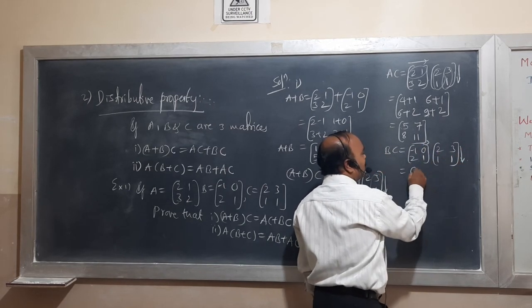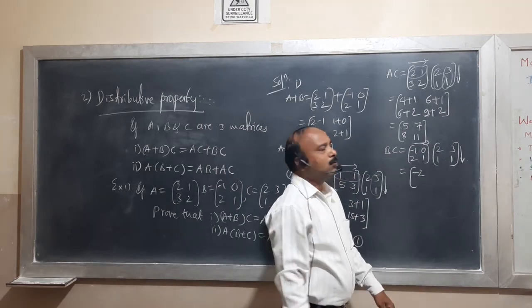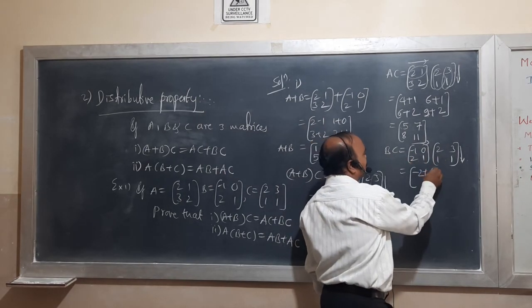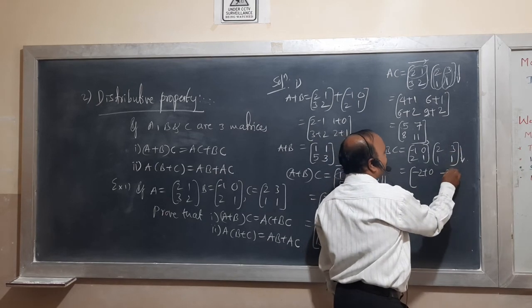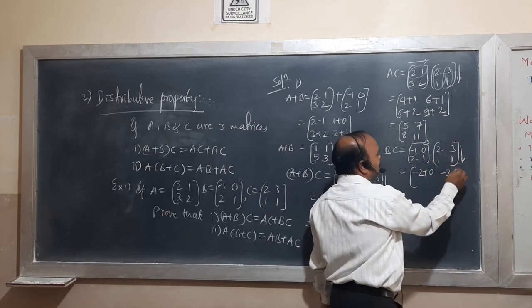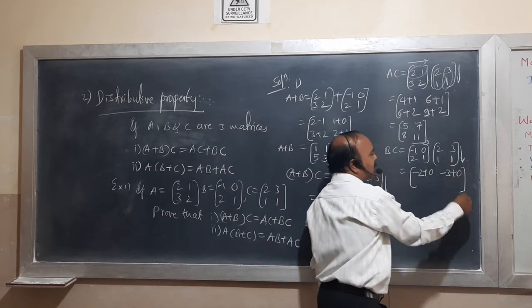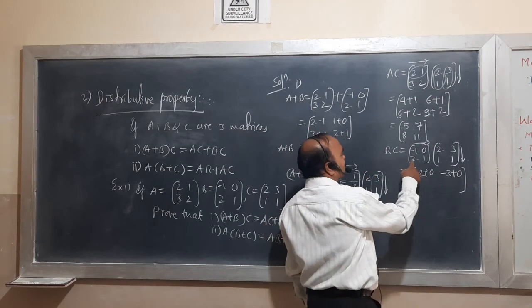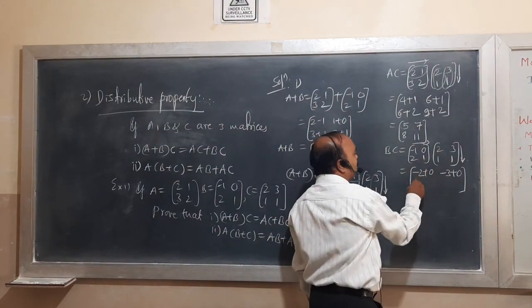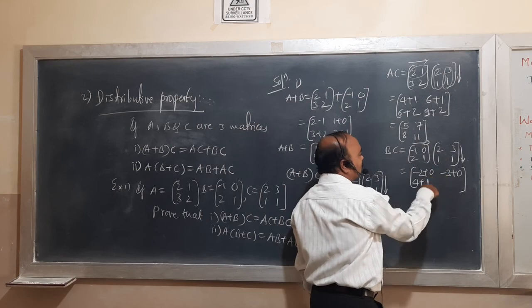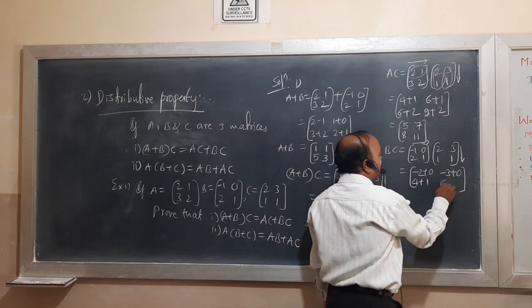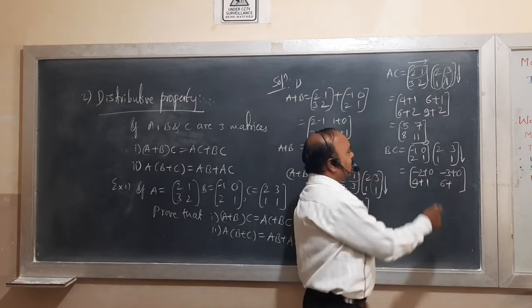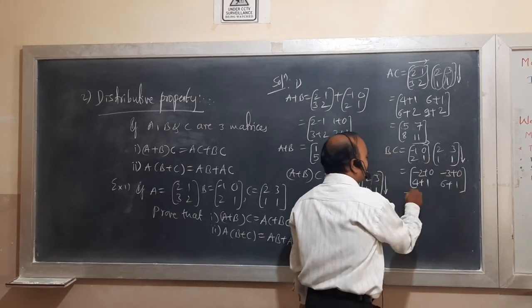Now minus 1 into 2 is minus 2, 1 into 0 is 0. Next, first row with second column: minus 1 into 3 is minus 3, 0 into 1 is 0. Next, second row with first column: 2 into 2 is 4, 1 into 1 is 1. Next, second row with second column: 2 into 3 is 6 plus 1 into 1 is 1.